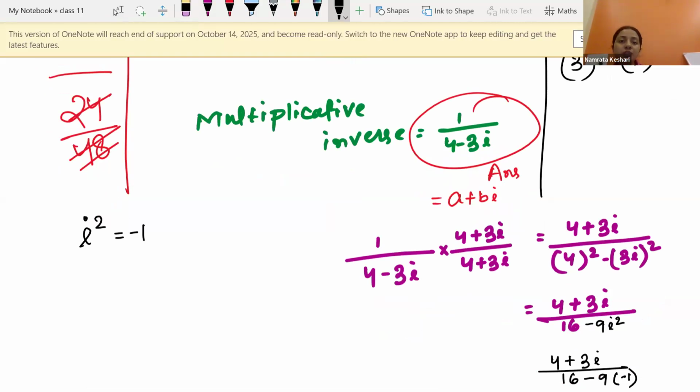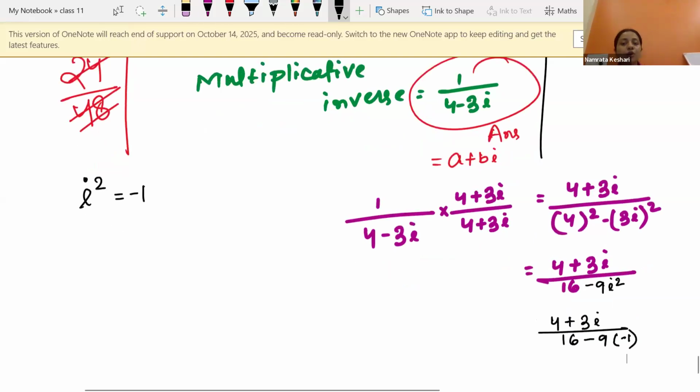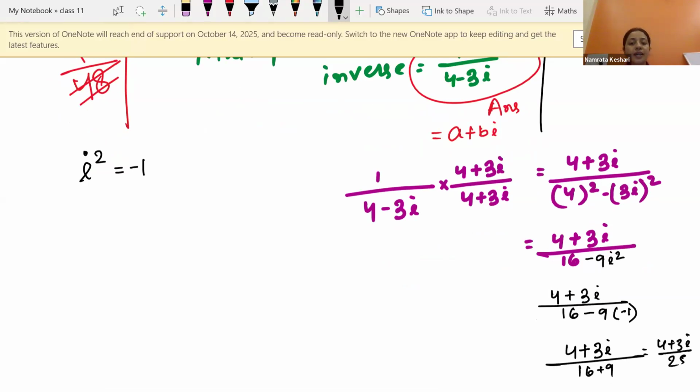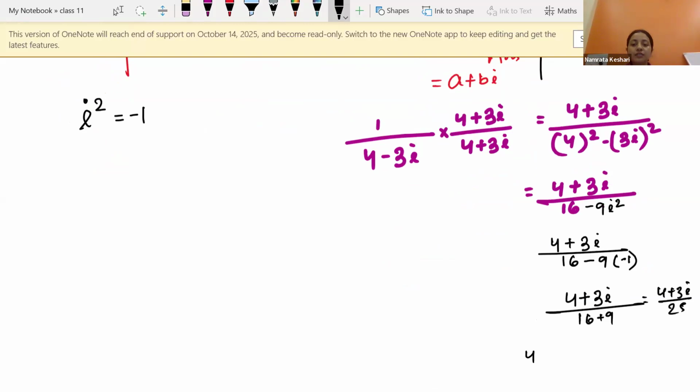Anytime, anywhere you see i square, just put minus 1. Okay, so we have dropped minus 1. Our denominator became 16 plus 9, so the expression is 4 plus 3i by 25. Now we have got the standard form. We can write it as 4 by 25 plus 3 by 25 i.